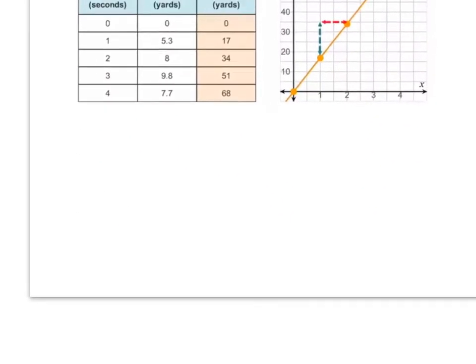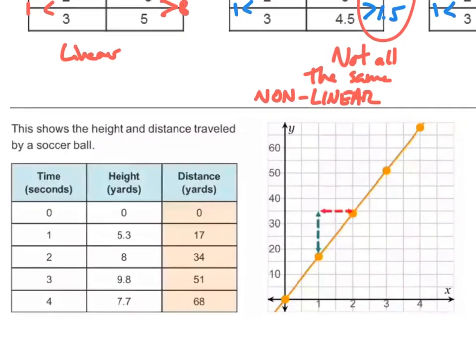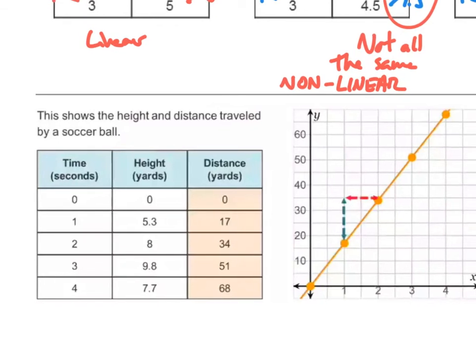Now, let's take a look at this. This shows the height and distance traveled by a soccer ball. As time increases by 1, the height of that soccer ball changes, as does the distance it has traveled in yards. Let's first take a look at this table, talking about the time and the distance that it travels.